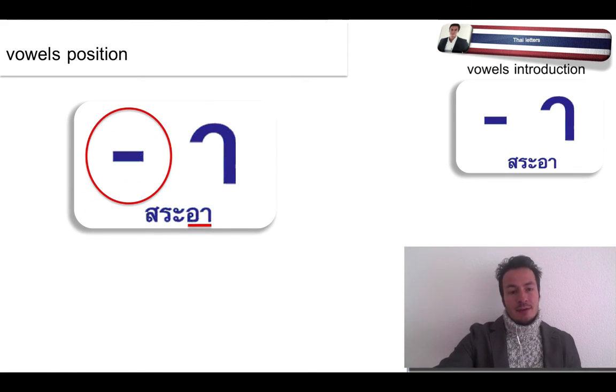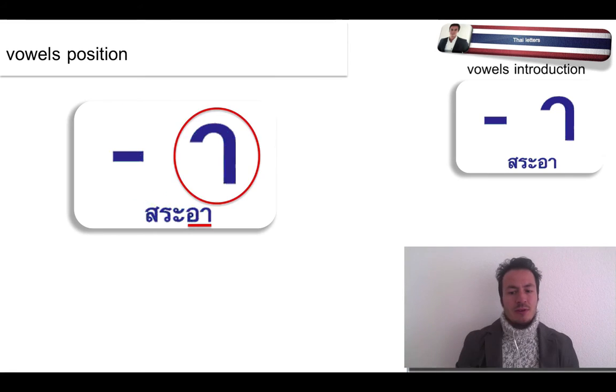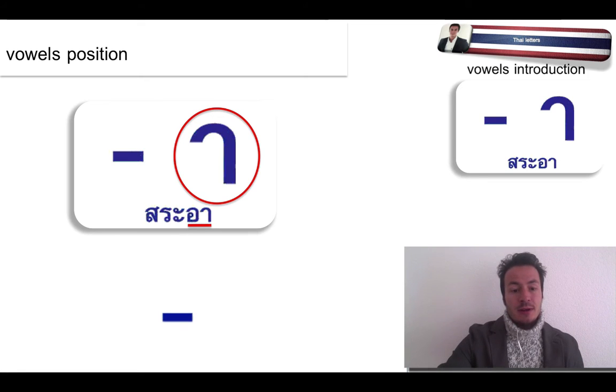Now, this is the placeholder as already mentioned, and within writing it has to be replaced by any consonant you wish to, and then it is followed by the vowel to the right. There are different positions of vowels within the writing system, as we will see later on.